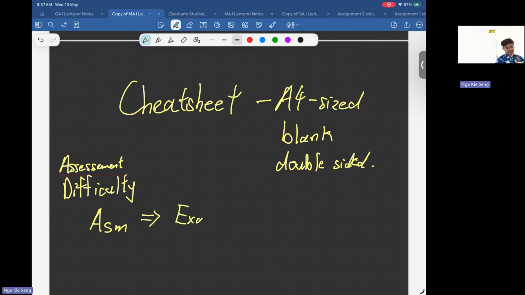Sometimes it's the exam, sometimes it's the tutorial that will be harder. But definitely the exam will be easier than the assignment. For the assignment, I give you time to do it, you can do research, you can even check your answer. So you have to really score well in your assignment. You can even score full marks.